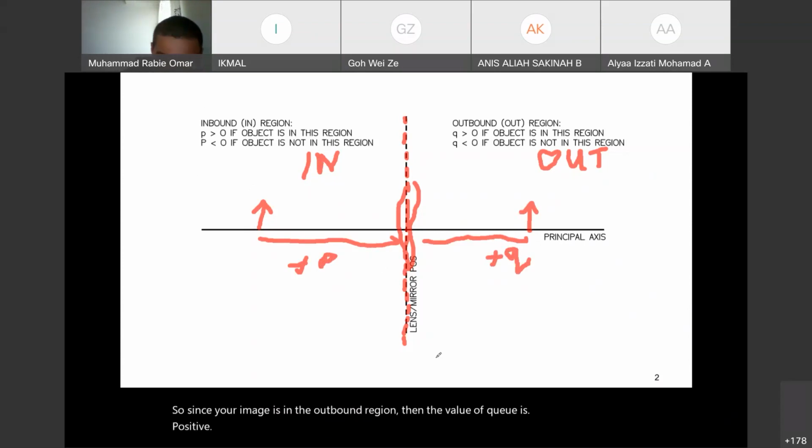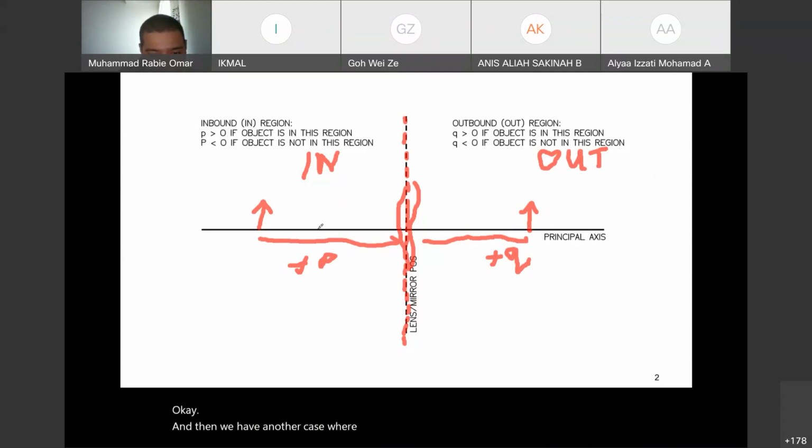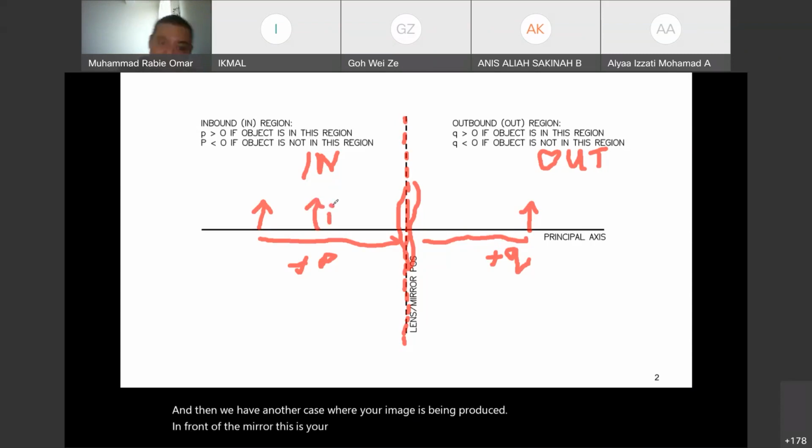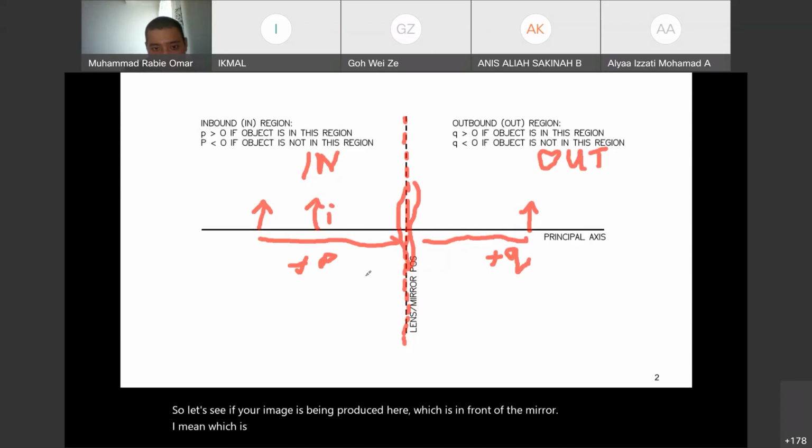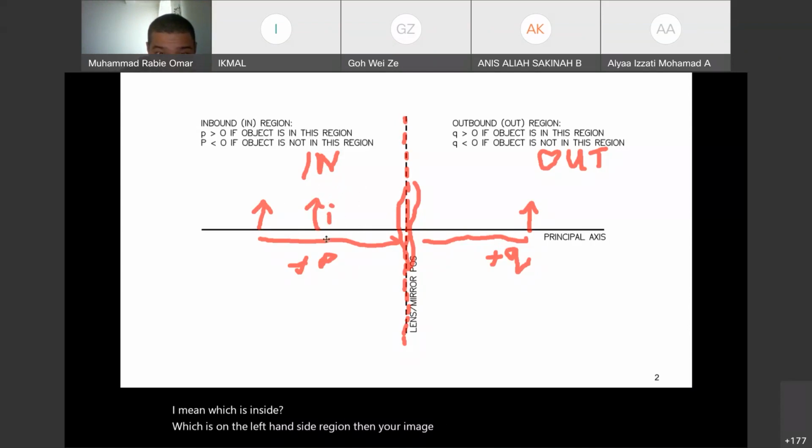Okay? And then we have another case where your image is being produced in front of the mirror. This is your image, yeah? I denote with I. So let's say if your image is being produced here, which is in front of the mirror, which is on the left-hand side region, then your image is virtual and your Q is negative.